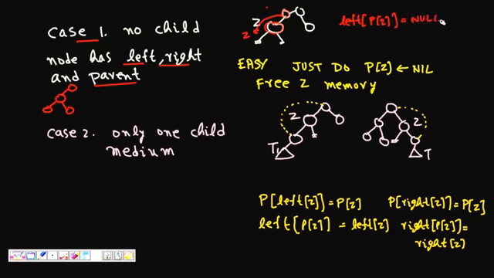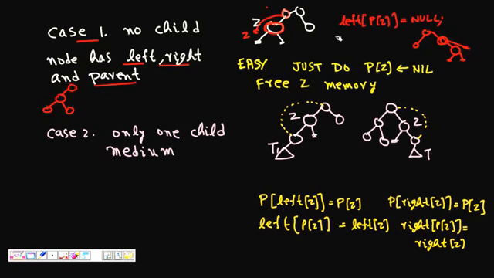Now this node is not there, and you update its parent and delete the node. This is an easy case. Similarly, if the node to be deleted is the right child of some parent, then make the right child of this parent null, and the node will be deleted.